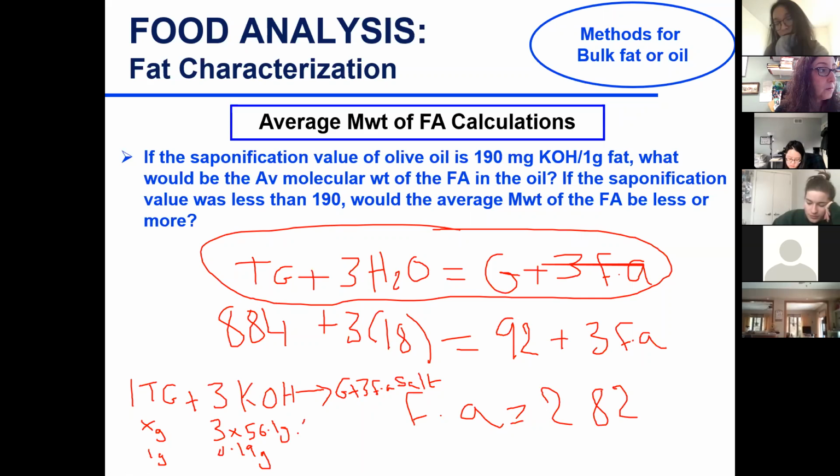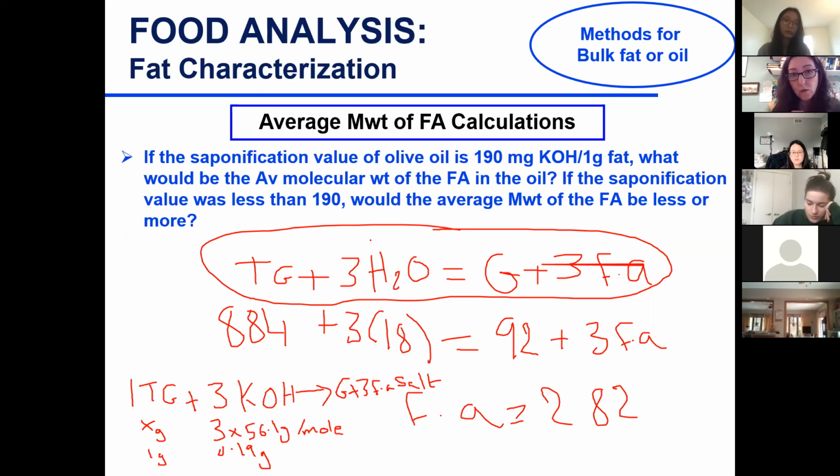This is grams per mole, so that you remember what these numbers are. All right, so then you know that 190 milligrams per gram of sample. So 190 milligrams of KOH per 1 gram of triglyceride.